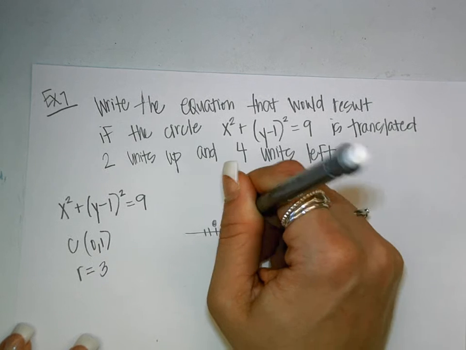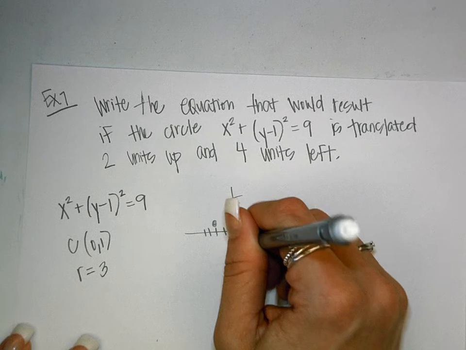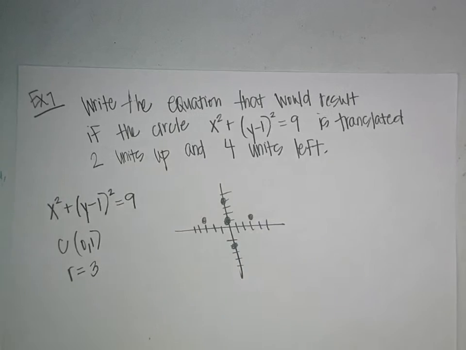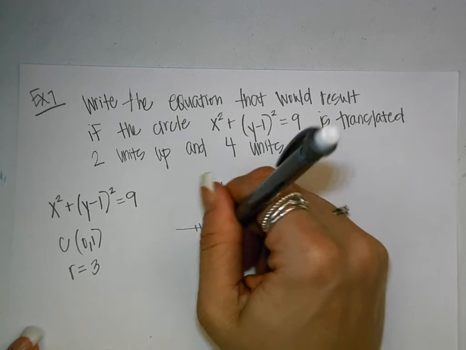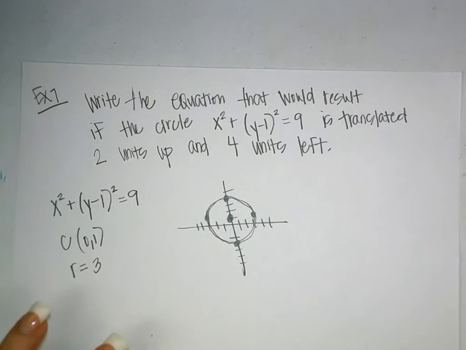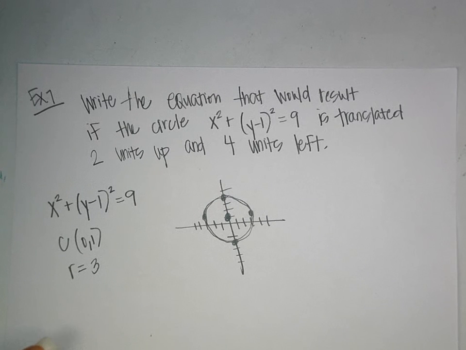Now, is it absolutely necessary to actually draw the circle? Not really, because if you're moving something, is it going to get bigger or smaller? No, it's just moving. If I pick up and move this whole circle 2 units up and 4 units to the left, what's the only point that really matters as far as the equation goes? The center.